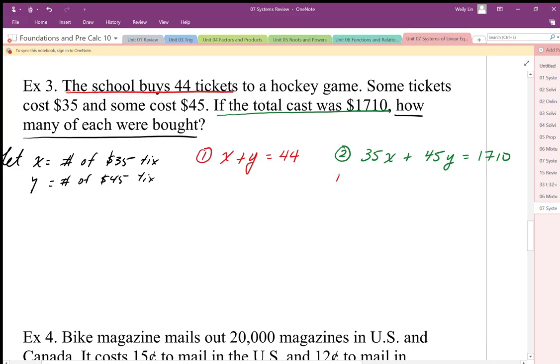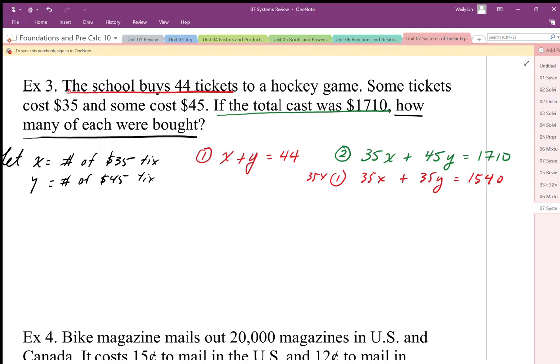We're going to multiply equation 1 by 35, and we end up with 35x plus 35y equals 1,400 and 140, so 1,540. I think that's correct.